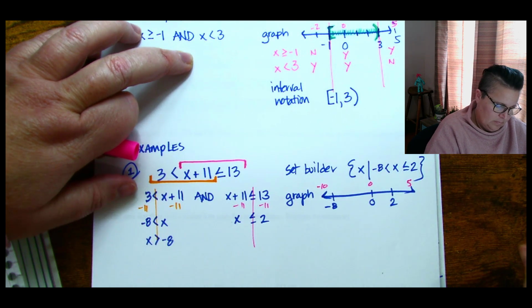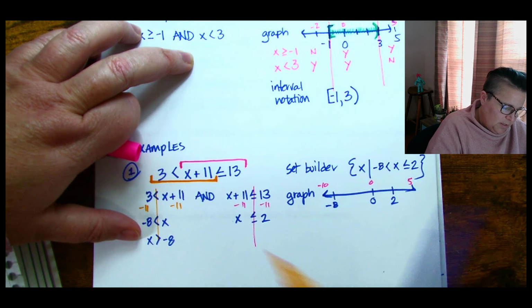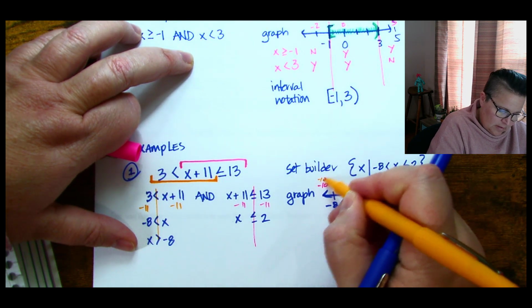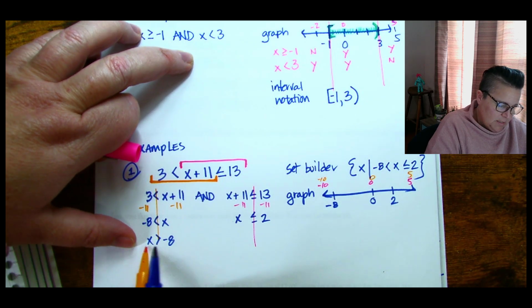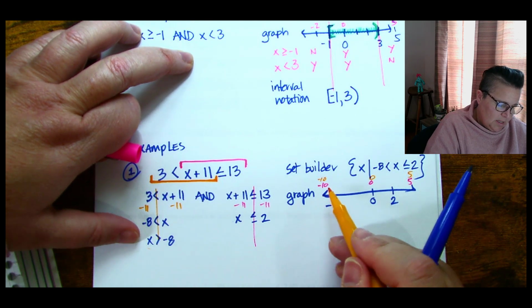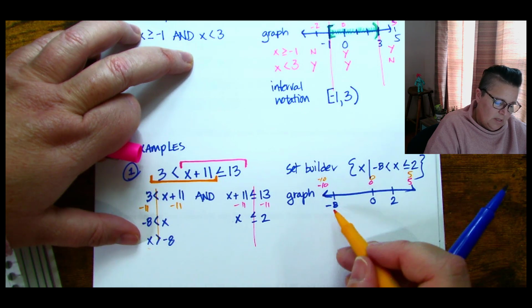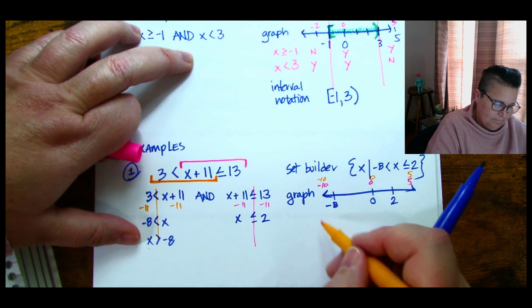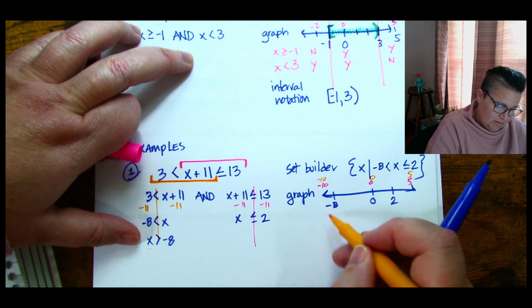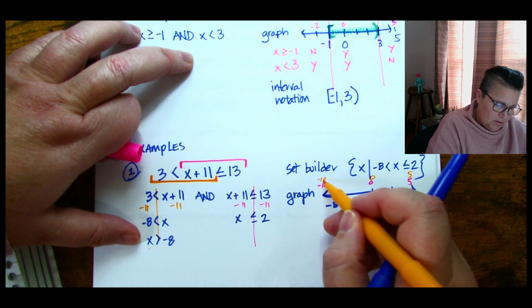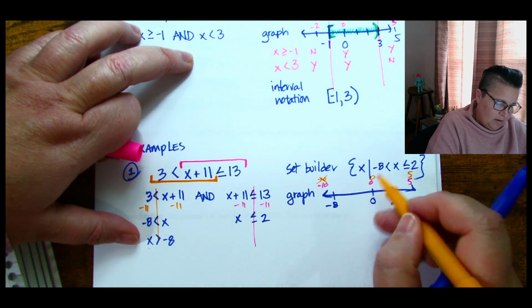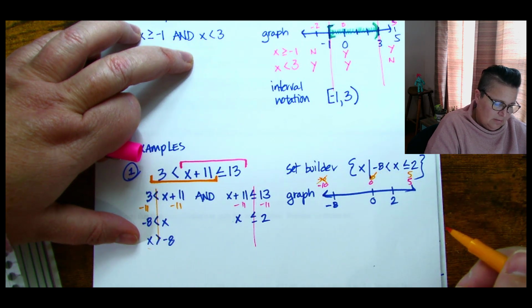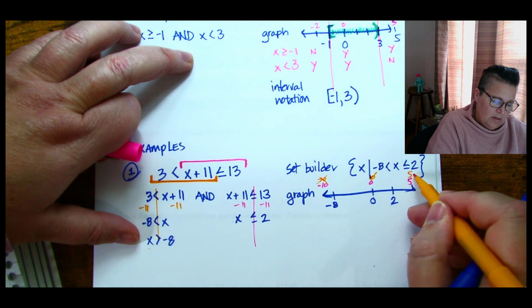If I'm looking at -10, 0, 5, the one I did here in yellow, is -10 bigger than -8? No, -10 is not, so I will not be graphing on this side. Is 0 bigger than -8? Yes, indeed it is.